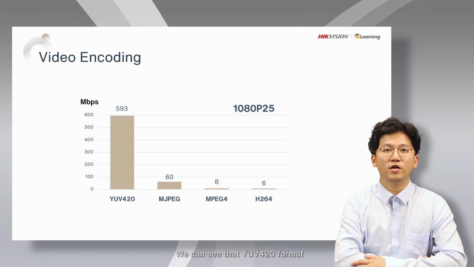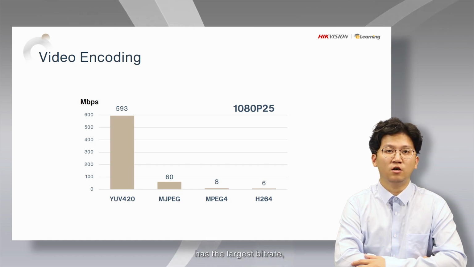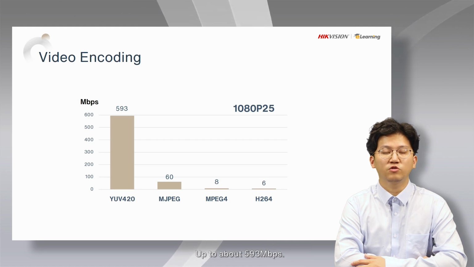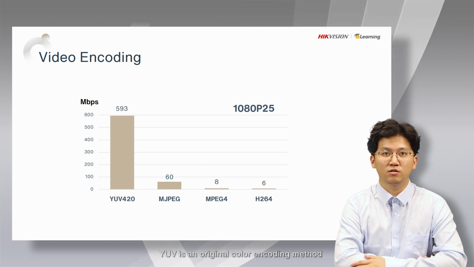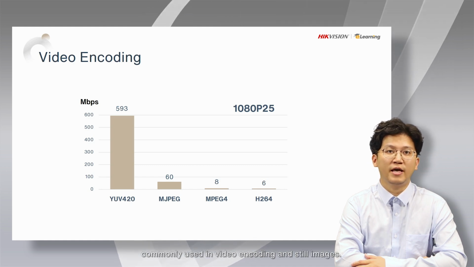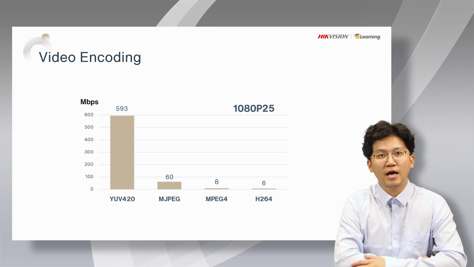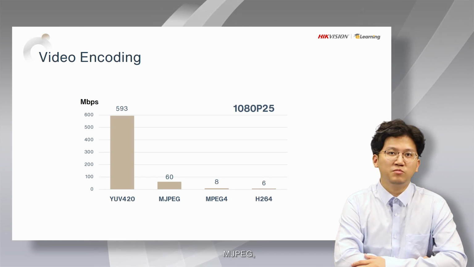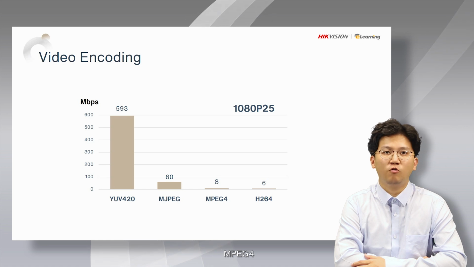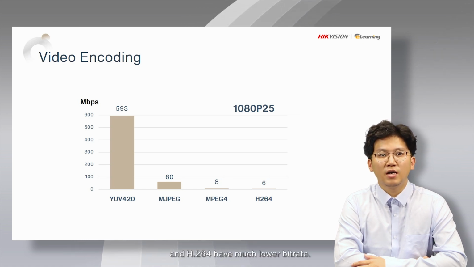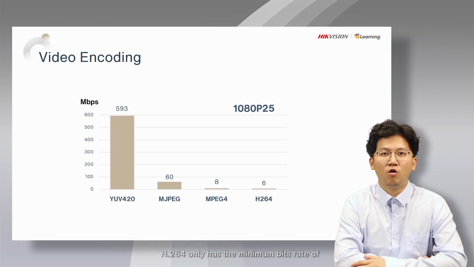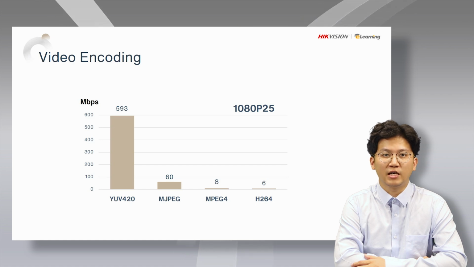We can see that YUV420 format has the largest bit rate, up to 593 megabits per second. YUV is an original color encoding method, commonly used in video encoding and still images. In comparison, MJPEG, MPEG-4 and H.264 have much lower bit rates. H.264 has the minimum bit rate, only 6 megabits per second.